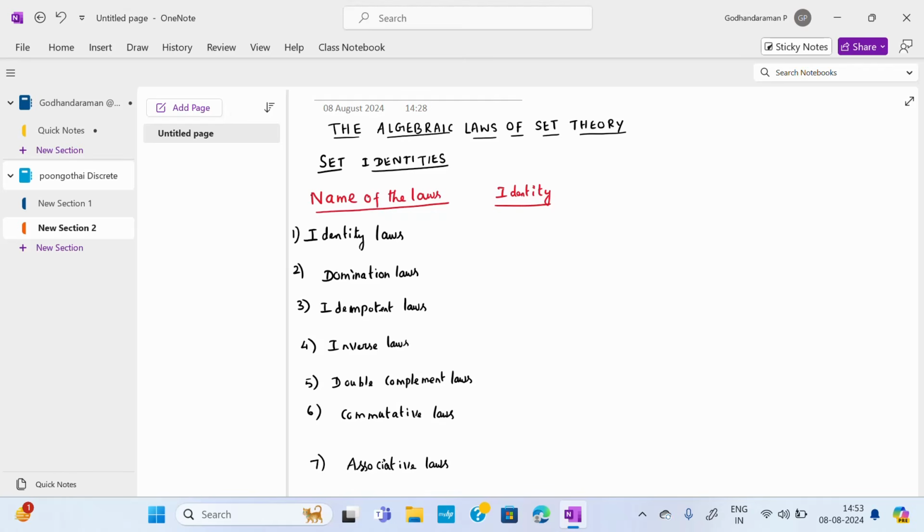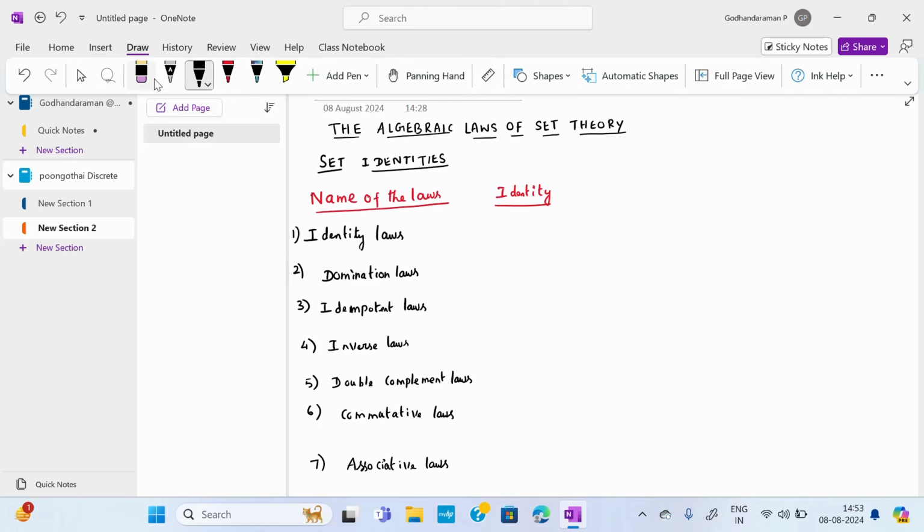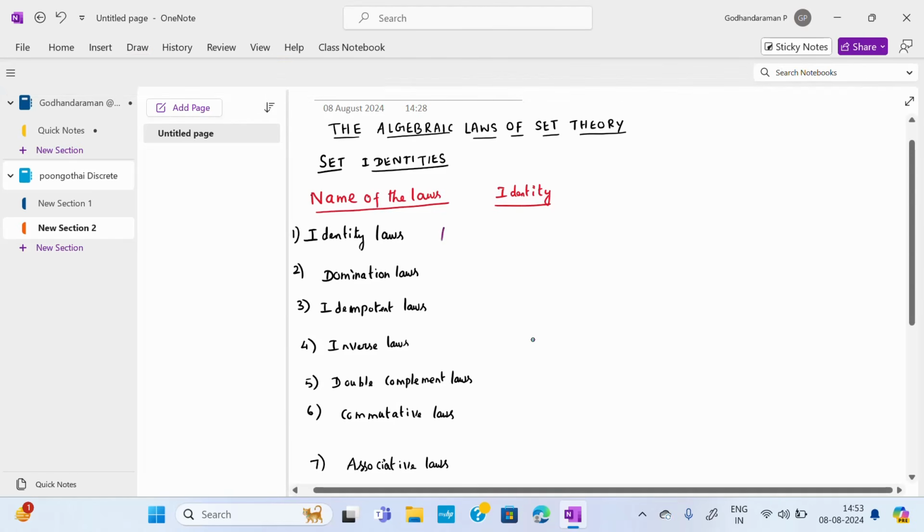First is the identity law. Everyone has studied this law, but without the name. For example, in the identity law, A union ϕ, the empty set, is nothing but A, as we know.